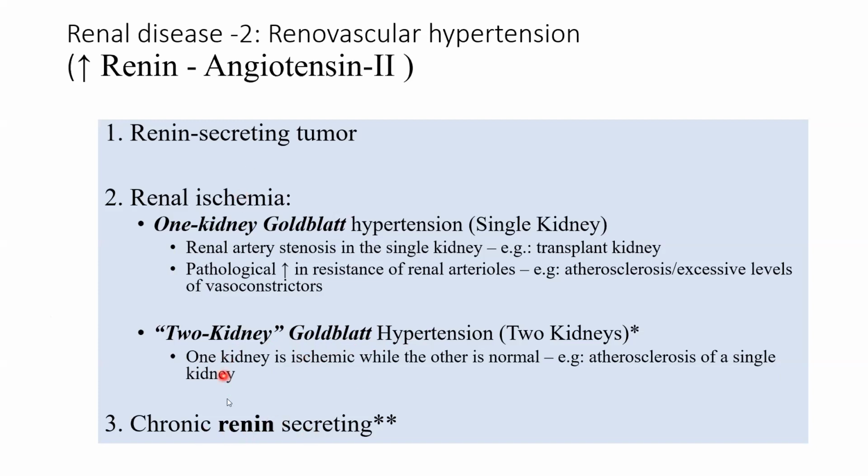So these are the three scenarios of the kidney-induced hypertension aspect, secondary hypertension. And with another reminder to please go through the rest of the causes of secondary hypertension at least once.